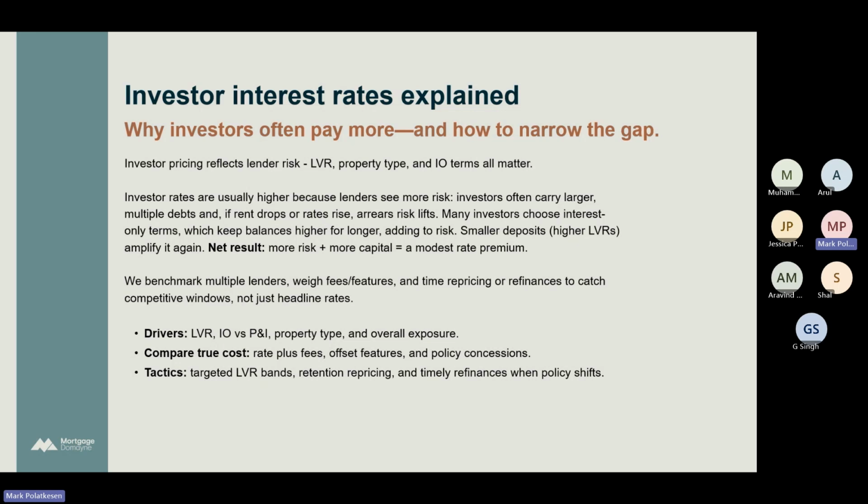The reason for that is the banks like to price interest rates based on risk. The lower the loan to value ratio, the lower the risk for them. So if, let's say, there's a correction in the market, you've got a bit of a buffer, so the bank's not going to be exposed or at risk if that property was to get repossessed. And that's why they tend to favor clients with larger amounts of equity or larger deposits.